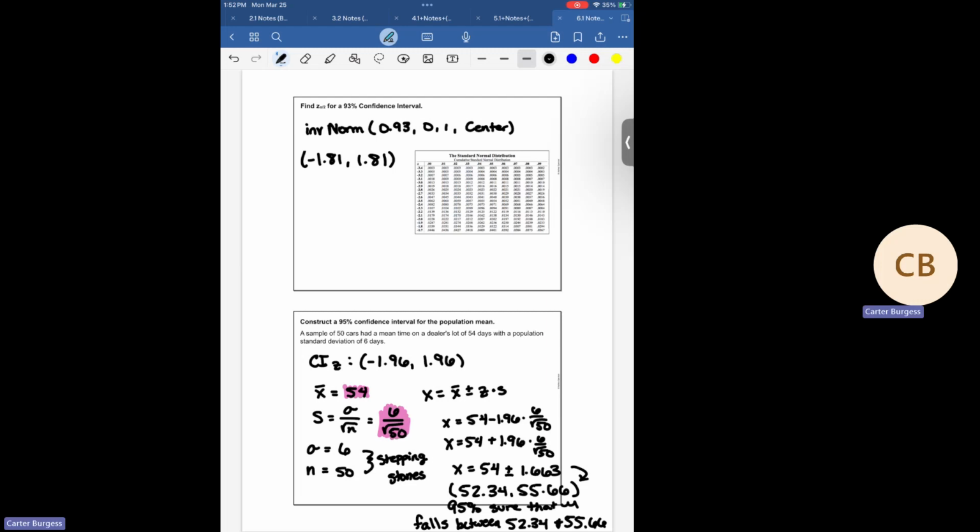It would be too strange, too unlikely, to get a sample like this of this size and not have the true mean fall between those two values. It happens about 5% of the time. Pretty unlikely.